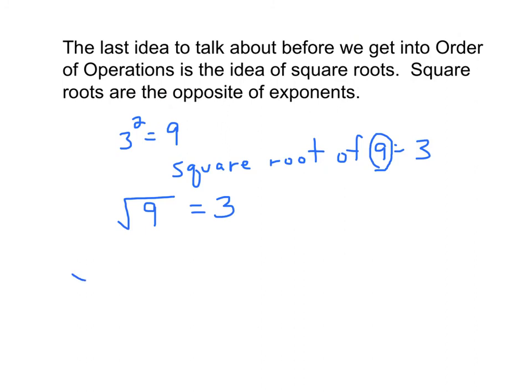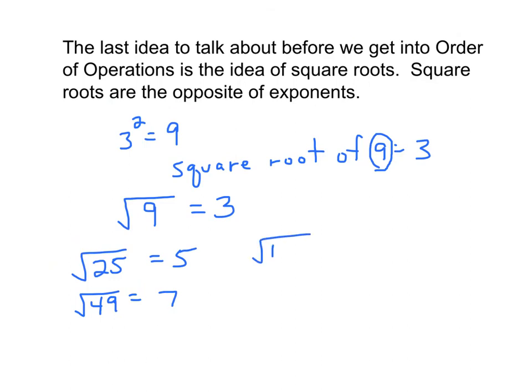So another example, what is the square root of 25? We are being asked what number can you multiply by itself in order to get 25? And that answer would be 5. The square root of 49 is equal to 7, because 7 times 7 would give me 49.